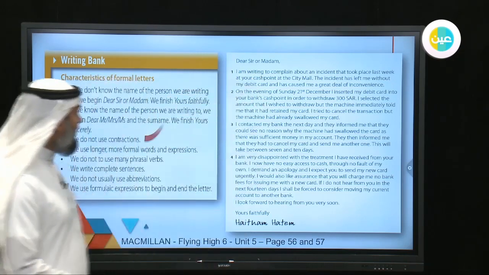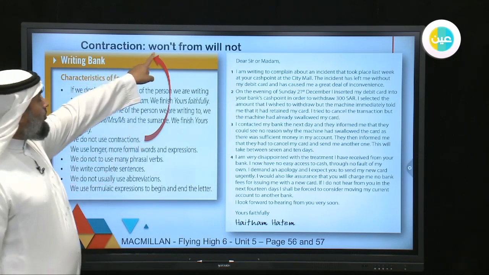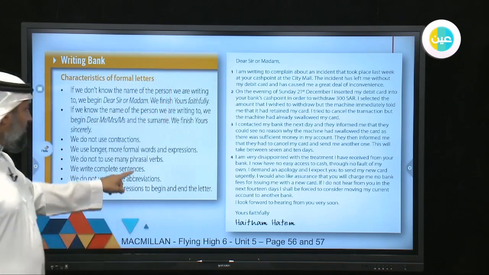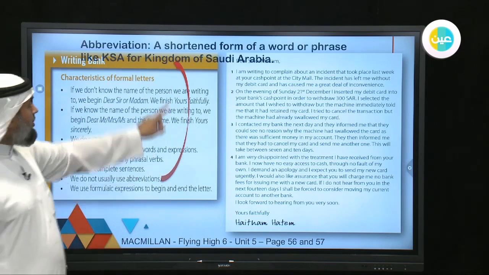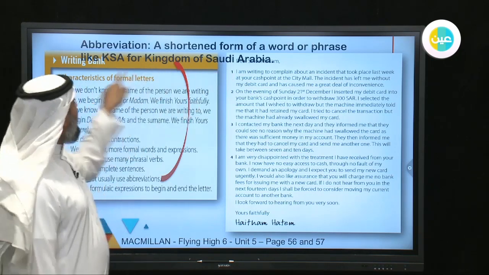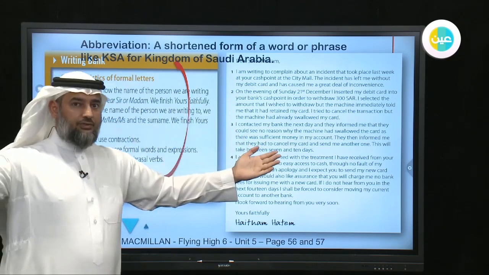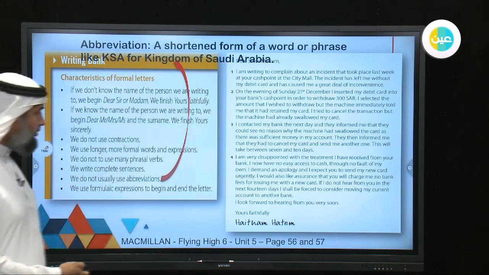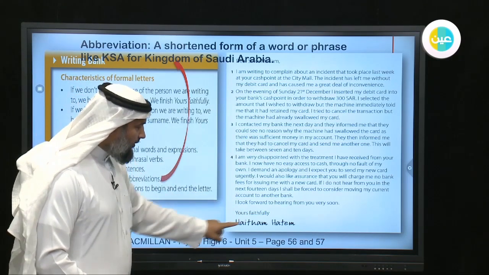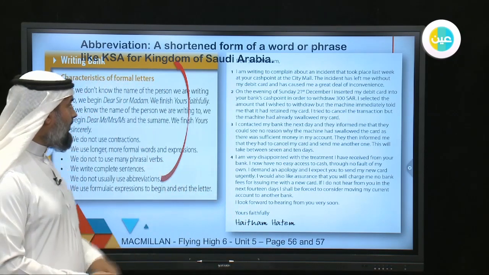And don't use abbreviations or contractions. Contractions means you don't use won't. You should say will not. Abbreviation is when you say, for example, KSA instead of Kingdom of Saudi Arabia. You don't use it. Use only long forms. And also when you end the letter, you should write yours faithfully, then you sign your name at the end. That's a formal letter.